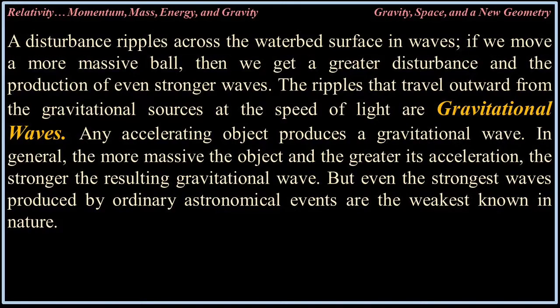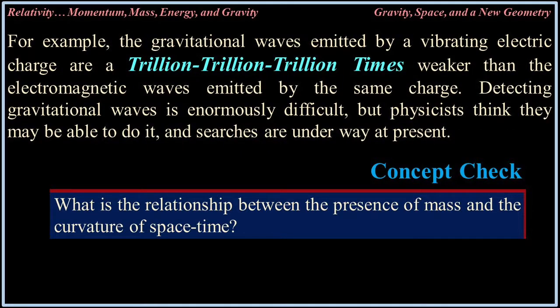But even the strongest waves produced by ordinary astronomical events are the weakest known in nature. For example, the gravitational waves emitted by a vibrating electric charge are a trillion times weaker than the electromagnetic waves emitted by the same charge.